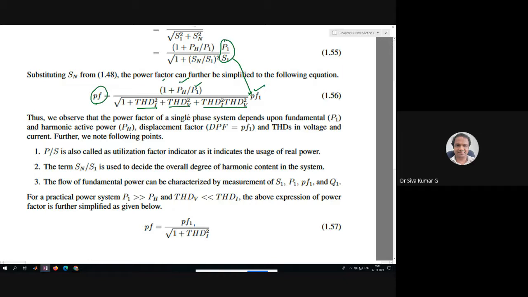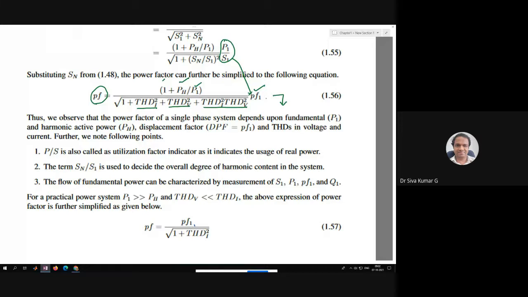The overall power factor is dependent on these factors. From the above equation we can observe that it depends on the fundamental active power as well as the harmonic active power, the displacement power factor, and the THDs in voltage and current.